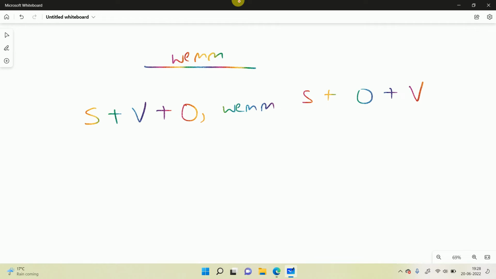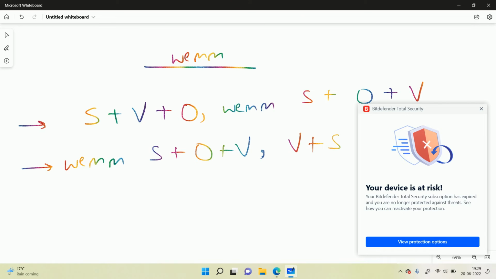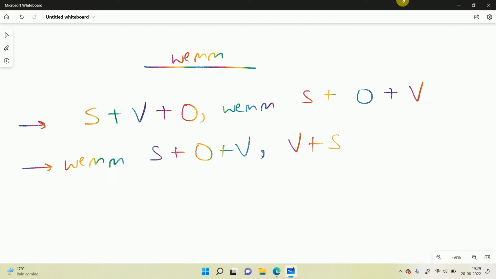Other way around, if when is used at the first place, then it becomes S plus object plus verb, and then comma, and then verb plus S plus object.